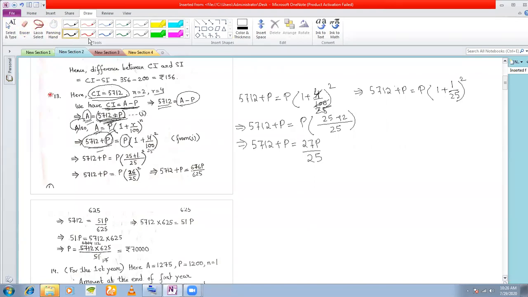So 1 by 25. When I take the LCM, I get this as 25 plus 1. I get this as 26. Okay. So I think I copied it wrongly. So what I do is I take all the p's on one side, 26p by 25 minus p.